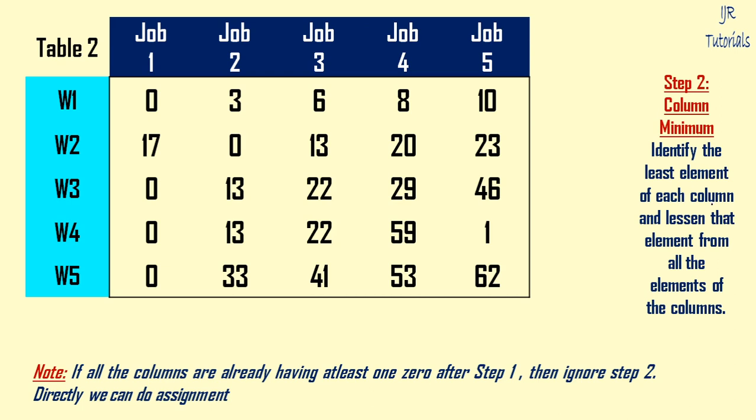Identify the least element of each column and subtract that element from all the elements of the column. The first column's least is 0, the second column's least is 0, the third is 6, then 8 and 1. Subtract these numbers: minus 0, minus 0, minus 6, minus 8 and minus 1 from the respective columns, for example 6 minus 6, 13 minus 6, 22 minus 6.